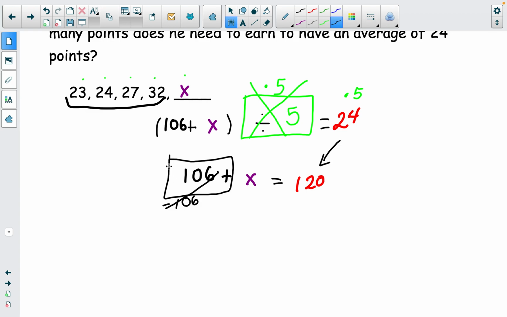Okay, we've subtracted on the left side, which means we need to subtract on the right. We have one last one to do.